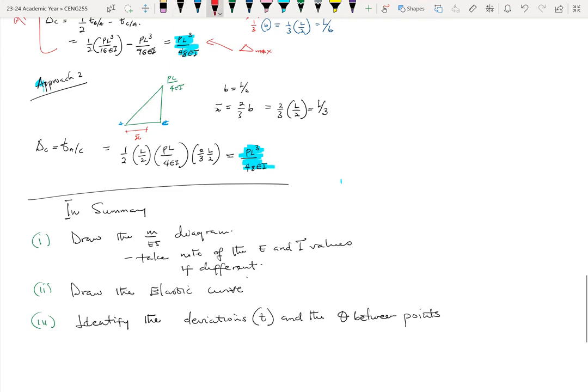Then from there, the fourth one will be to calculate the actual deflections, and then slopes, where these slopes are with respect to the horizontal.